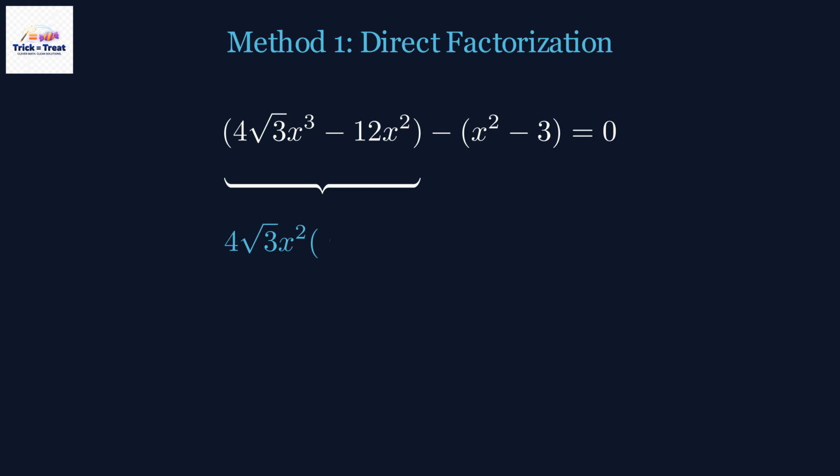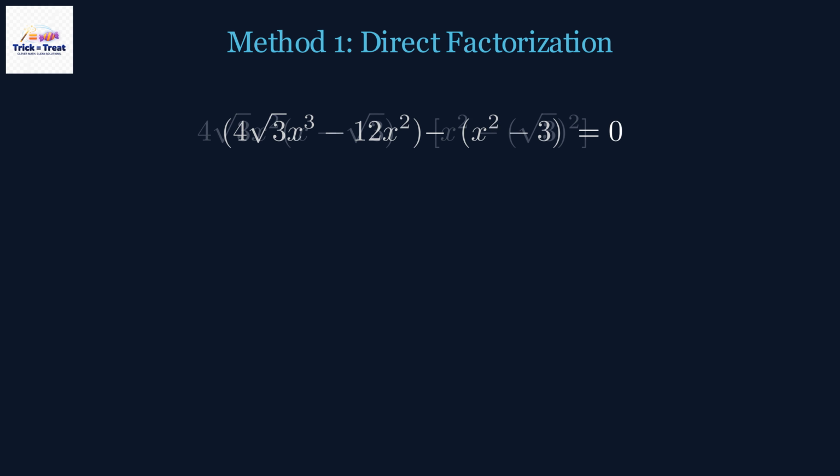In our first group, we can pull out a √3. And for the second group, keep your eyes on the prize. Remember, the number 3 is really just √3 squared. That means x² − 3 is actually a perfect difference of squares.